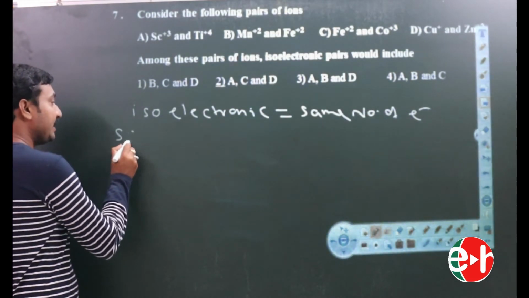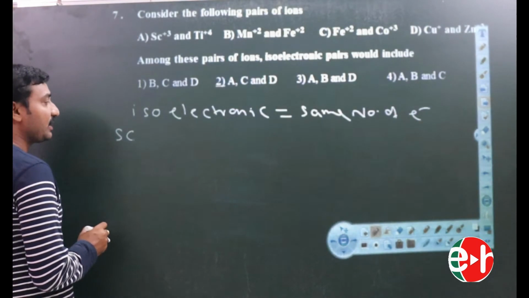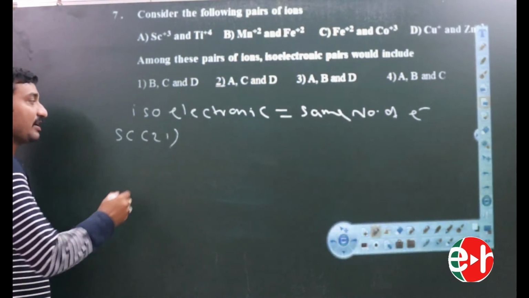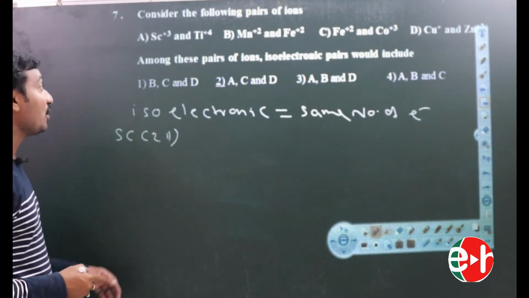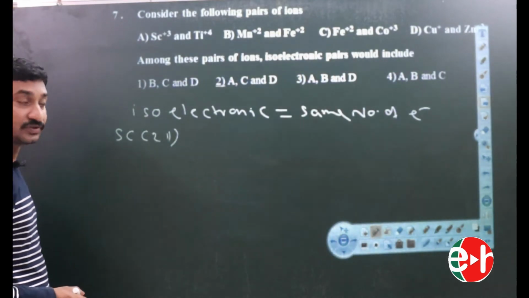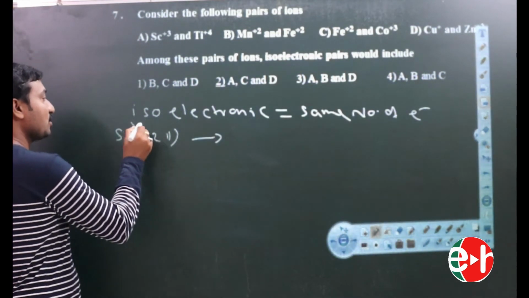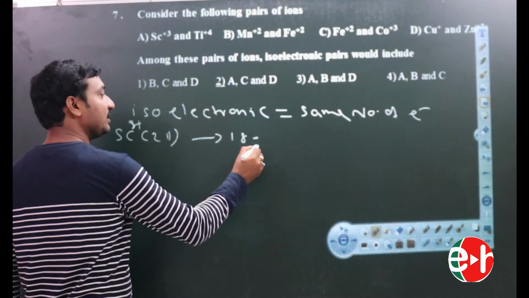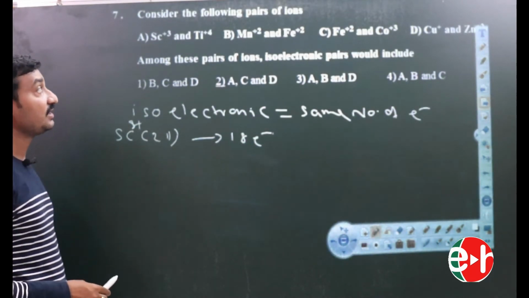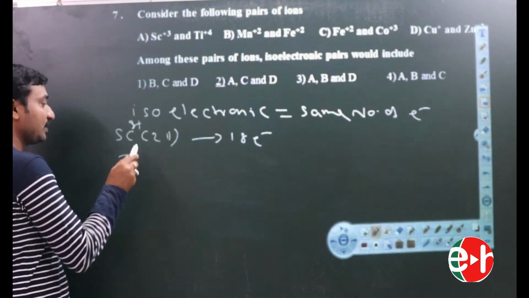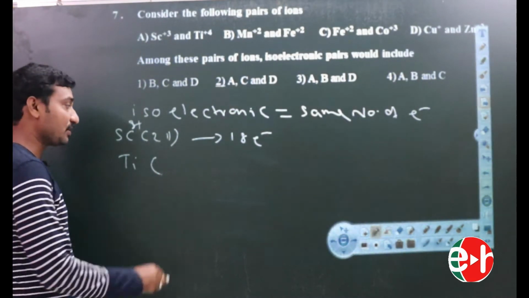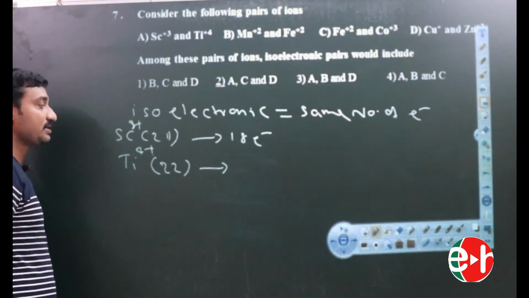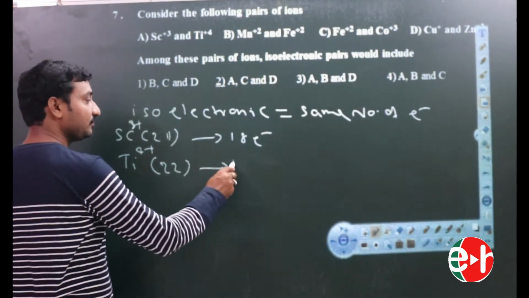Scandium atomic number is 21. Scandium 3 plus means it lost 3 electrons. 21 minus 3 is 18, so scandium has 18 electrons. Next, titanium atomic number 22, titanium 4 plus: 22 minus 4 is 18.